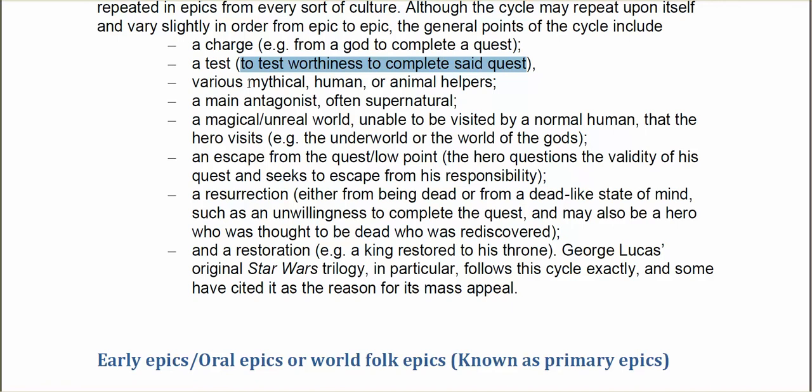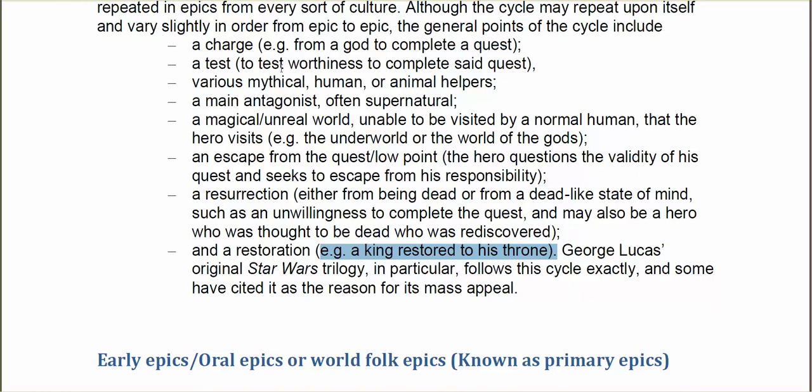Along the way, they might gather mythical animal or human helpers. The antagonist, the villain, is often supernatural. So he goes through a magical world, sometimes has a low point where he has to actually be rescued. He might even die and have to be resurrected. He might recover his throne or his kingship at the end of the epic.